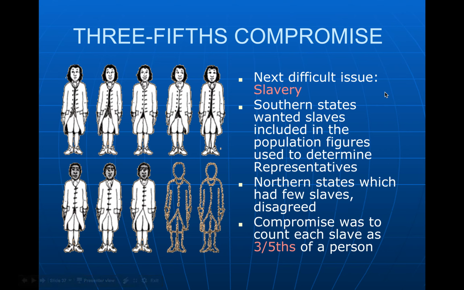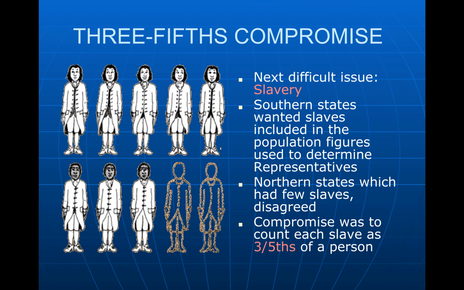The next compromise that the Constitutional Convention delegates had to reach was based on how the population was counted. A lot of the southern states had a majority population of African slaves, and because they were considered property, the northern states felt like they shouldn't be counted as part of the population, especially since the northern states didn't have a lot of slaves.